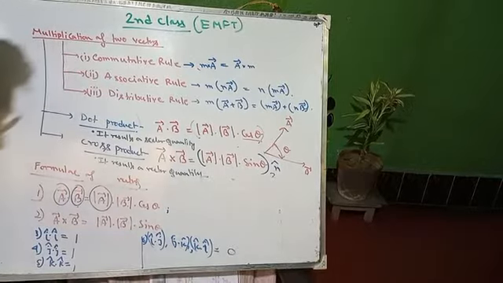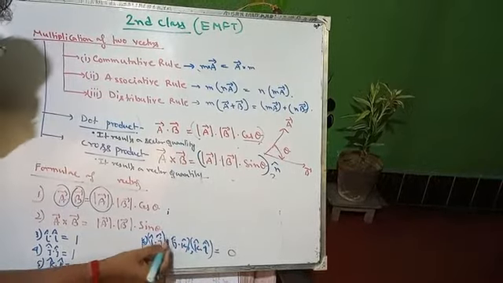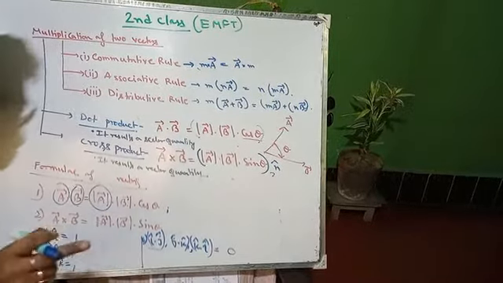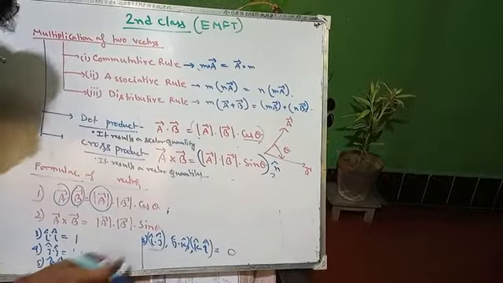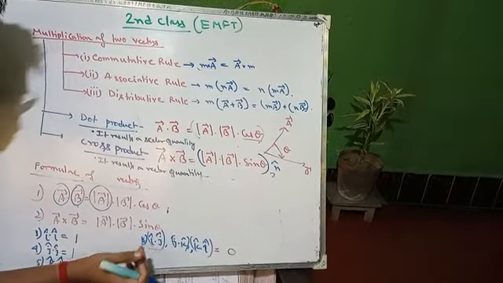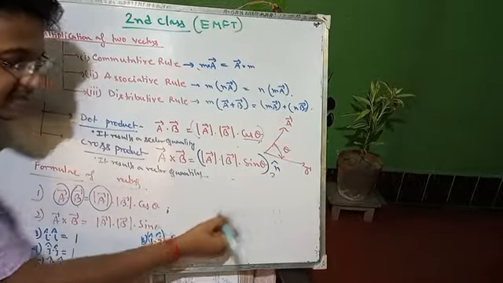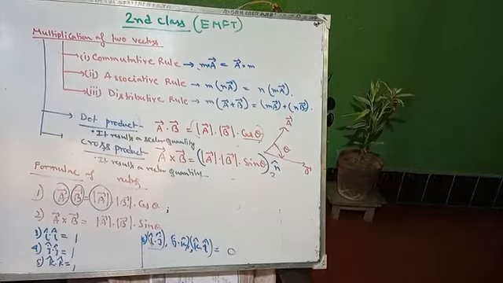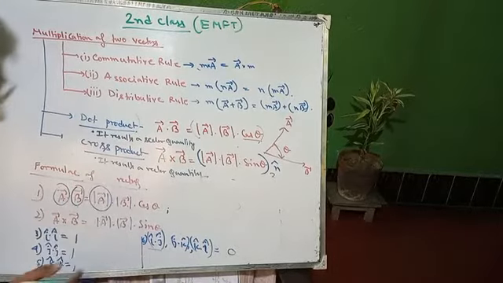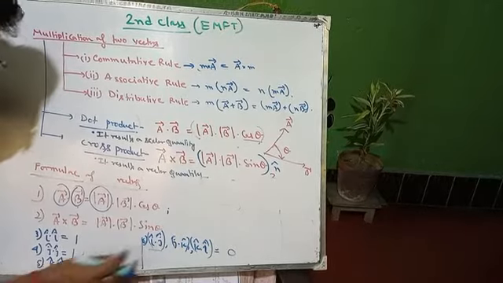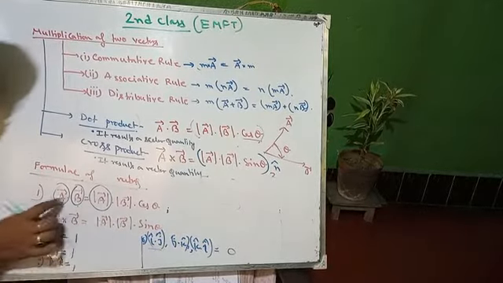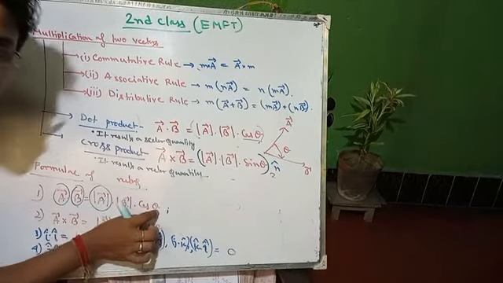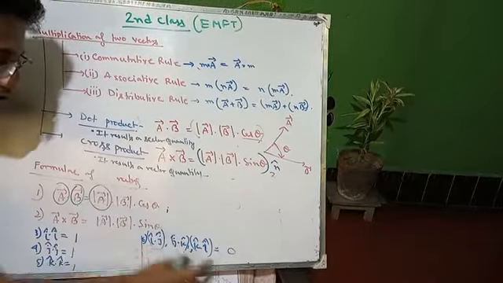And for dissimilar vectors, there is a unique symmetry. What is that symmetry? For i dot j, the angle between i and j is always 90 degrees. i is the unit vector along the x axis and j cap is the unit vector along the y axis, and the angle between the x axis and y axis is always 90 degrees. So i dot j is 1 into 1 into cos 90, and cos 90 is 0, so the result is 0.